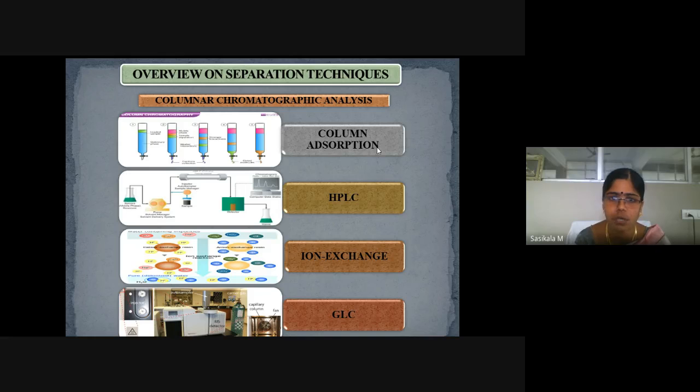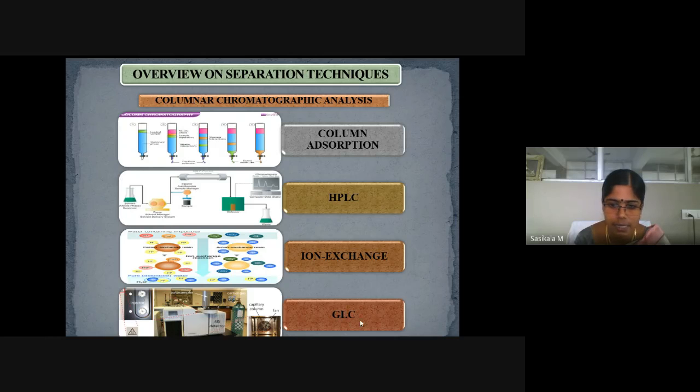And what are the types available? Column adsorption chromatography. By means of the adsorption procedure, separation occurs in the column, so it is called column adsorption. Then high performance liquid chromatography. Then ion exchange chromatography. It is a modified form of HPLC only. In the column, ion exchangers are used for ion exchange purposes, thereby the samples are separated.